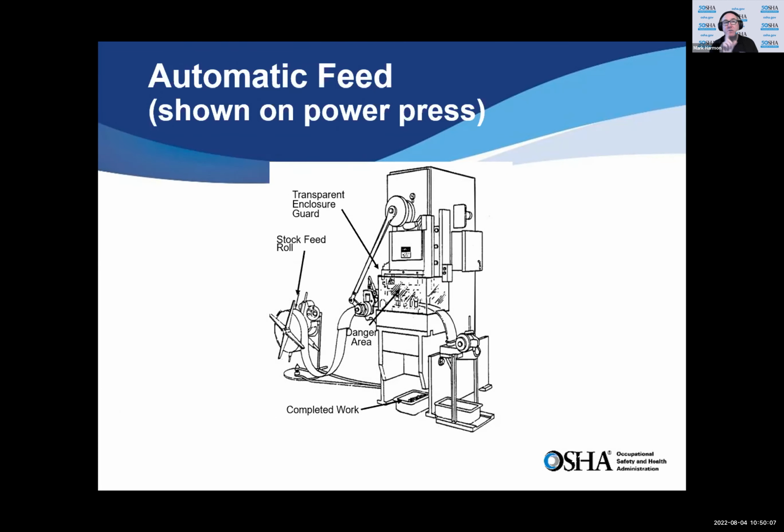As you can see, it looks as though it's completely guarded around it. And then it's dropping the finished parts at the bottom. So again, all good examples of an automatic feed system.